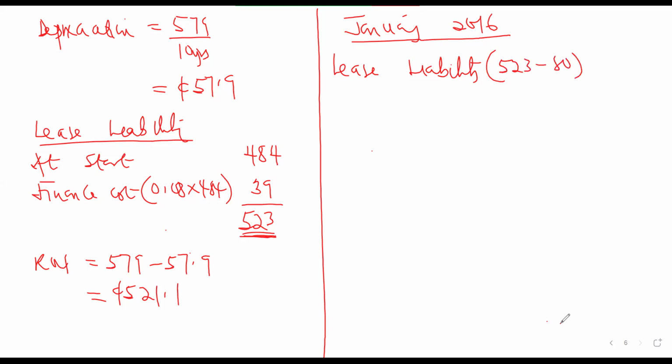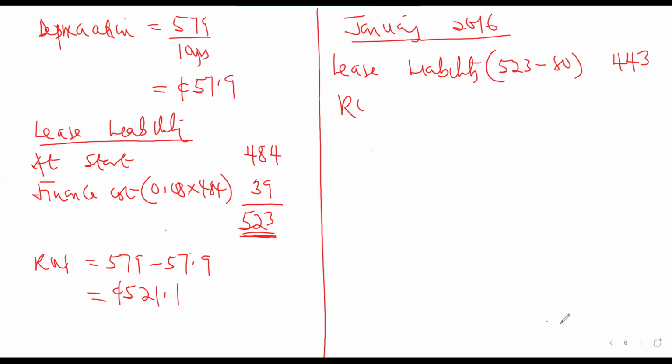Do you agree? That will give us 443. It means that we have paid the 80 at the beginning of this year. We are paying in advance, so we were owing the people 523. At the beginning of this year, we paid the 80, so we have a balance of 443.